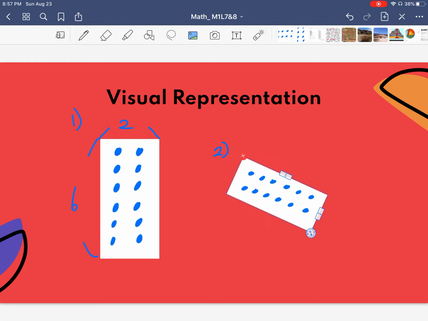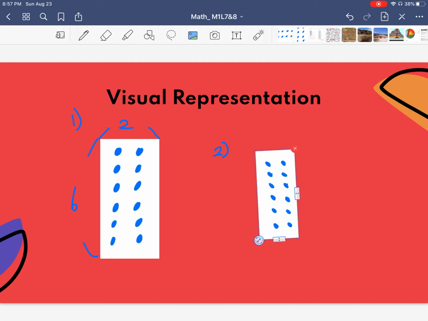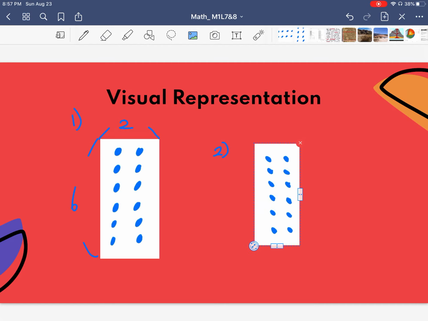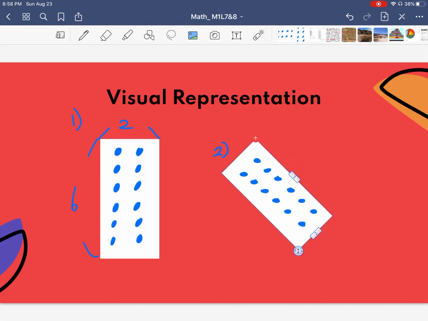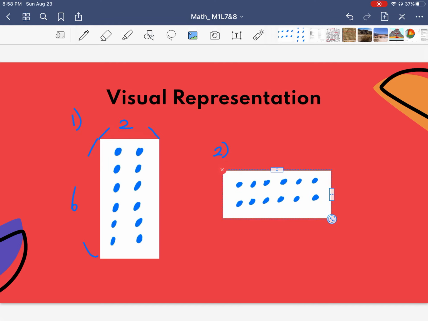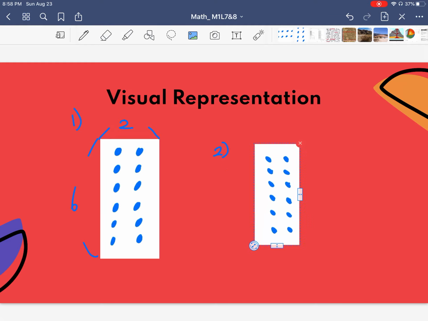I'm just going to rotate it this way, and I'm going to stop. What do you notice, third graders? Initially, when it was this way, we could not know whether they have the same number of rows or the same number of dots. However, when I put it this way, we know that they are the same.